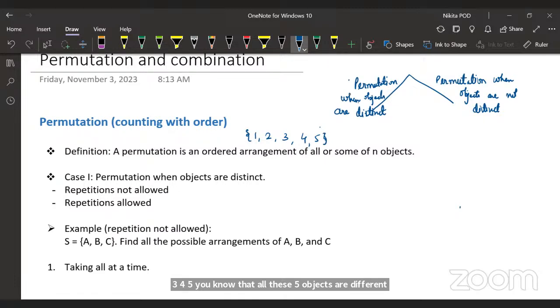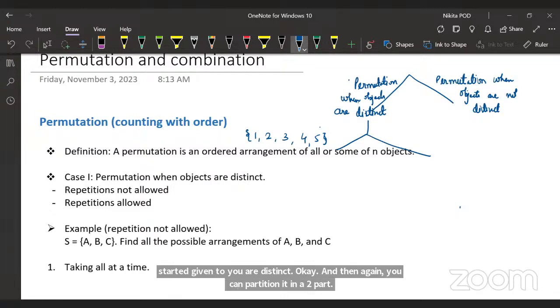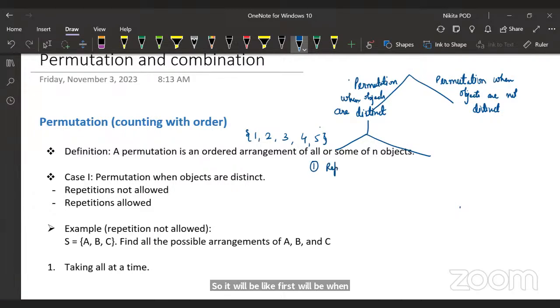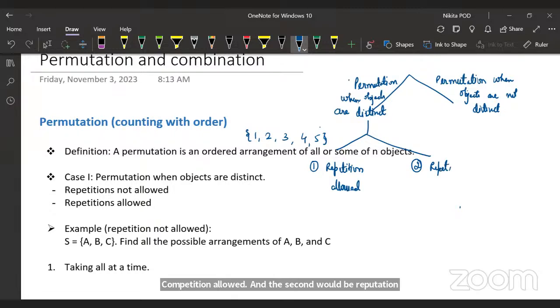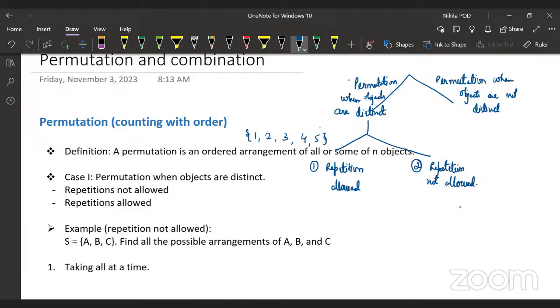Then again you can partition it into two parts: first, when repetition is allowed, and the second, repetition not allowed.